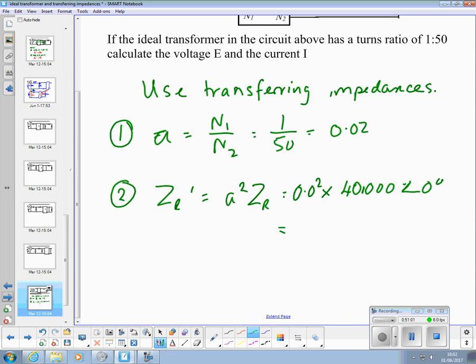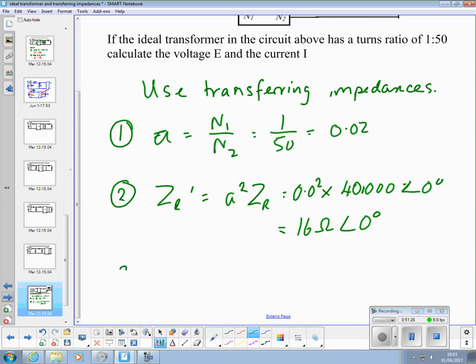Pushing the buttons on that, you should get 16 ohms, angle 0 degrees. So that's the resistor load moved over on the secondary side.